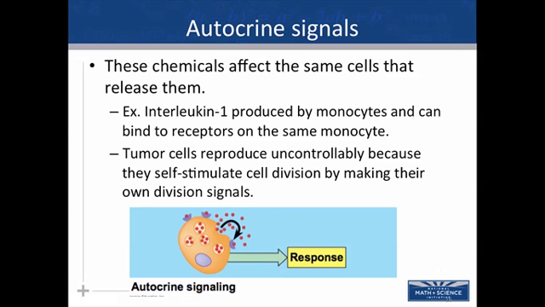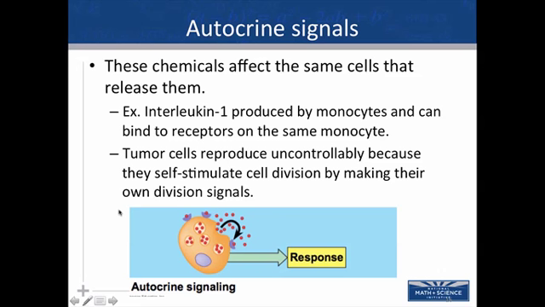You need to be able to give an example of autocrine signaling, where auto means self, so a cell is signaling either its own self or cells that are just like it. Interleukin 1, for example, produced by monocytes, actually binds to the same cell that secreted it and thereby causes a response.